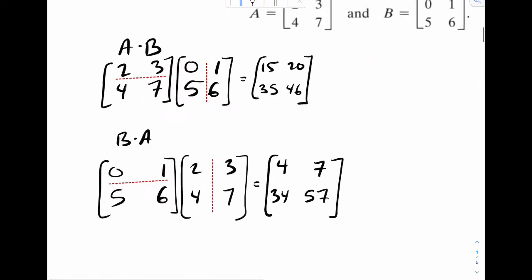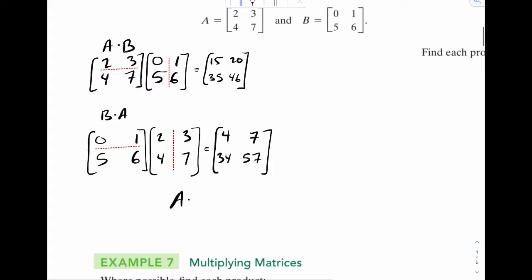So what's super interesting is we just found that A times B did not equal B times A. Now this is what I mean when I say matrices aren't like regular math, because in regular math this would be impossible. In matrix world, we're seeing that this property is not holding true.